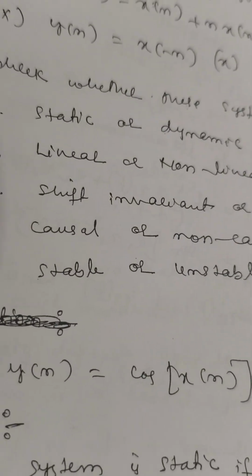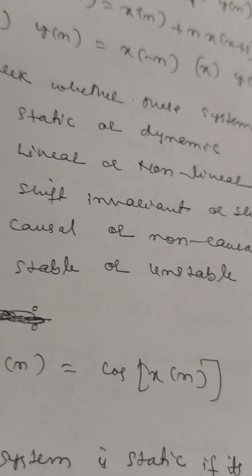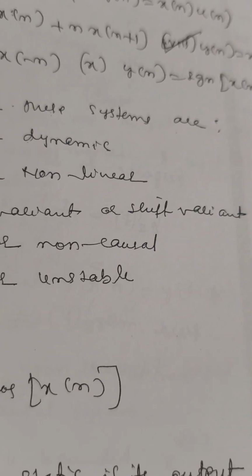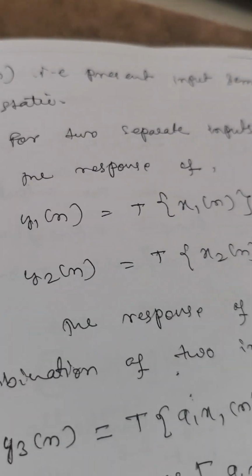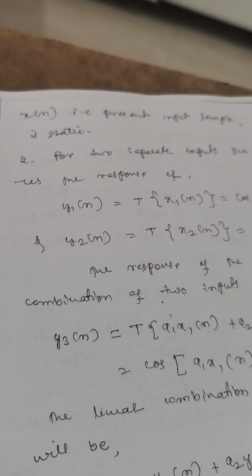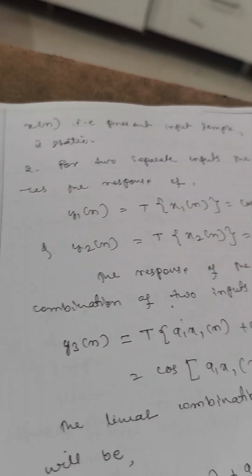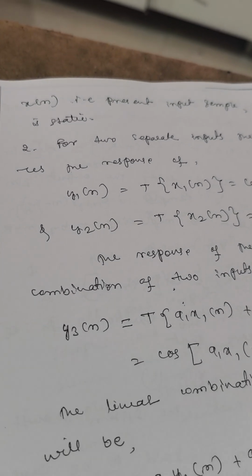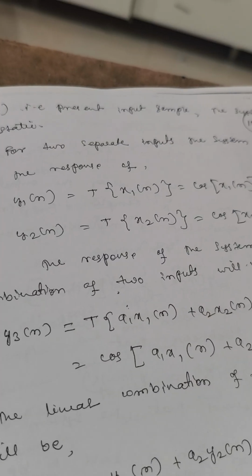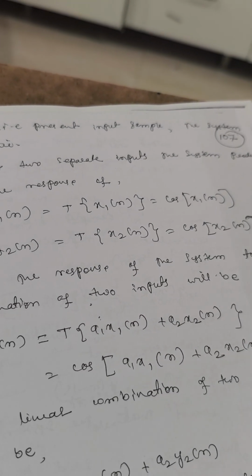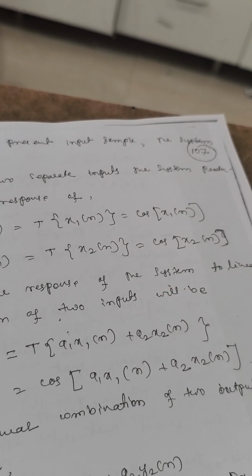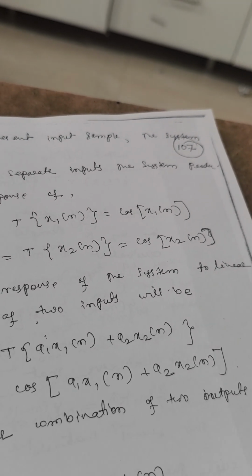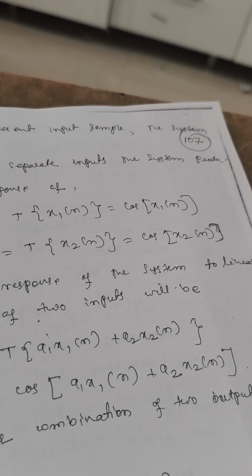The equation is y1 of n equal to cos x1 of n, for analysis of whether the system is linear or non-linear. For the same system equation, we will find y2 of n equal to cos x2 of n, now considering the input as x2 of n.